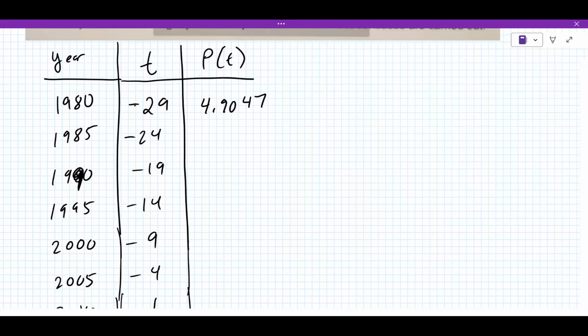Yeah. Can you give me a sec to write down the graph? Sure. Sure. What year do we go to?